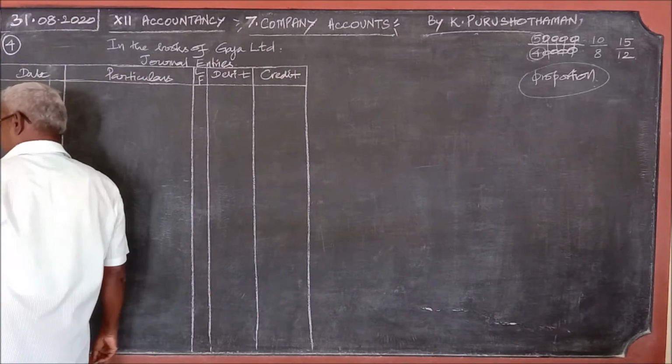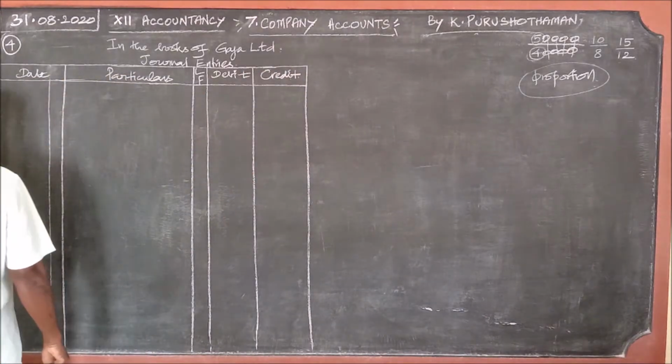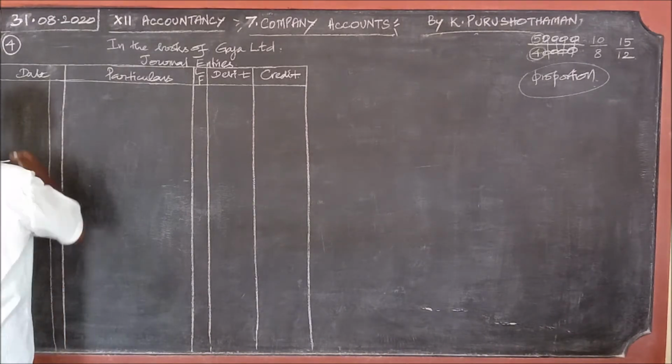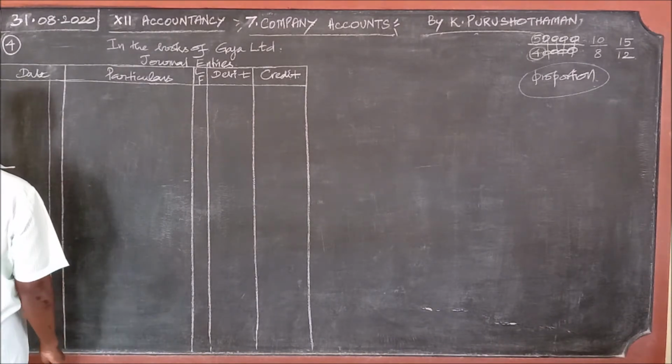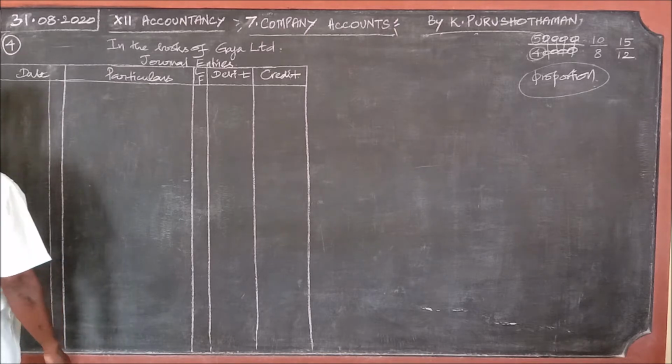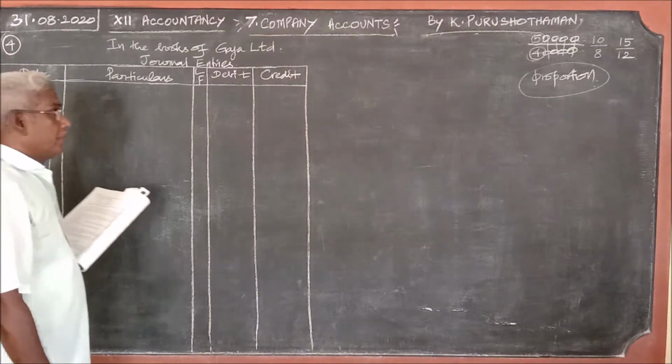No date is given in this problem, so the date column will be kept vacant. We shall pass on to the journal entries.